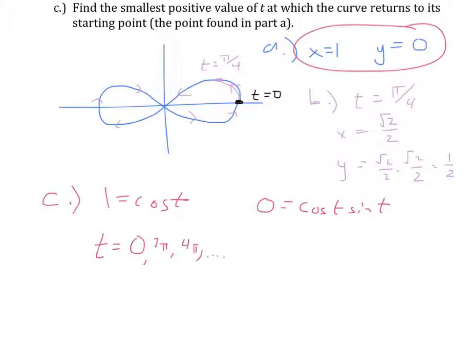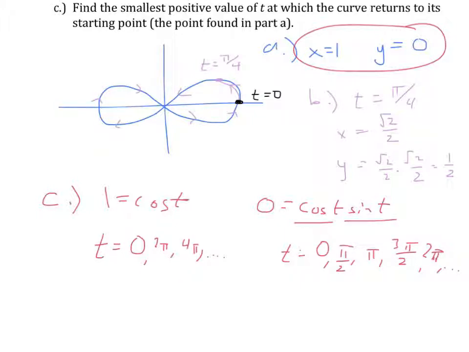For the other one, 0 will be equal to this when either cosine or sine is equal to 0, so it happens more often. It'll be 0 at time 0, at pi over 2, at pi, at 3 pi over 2, at 2 pi, sort of every pi over 2 radians we're going to have this happen again.